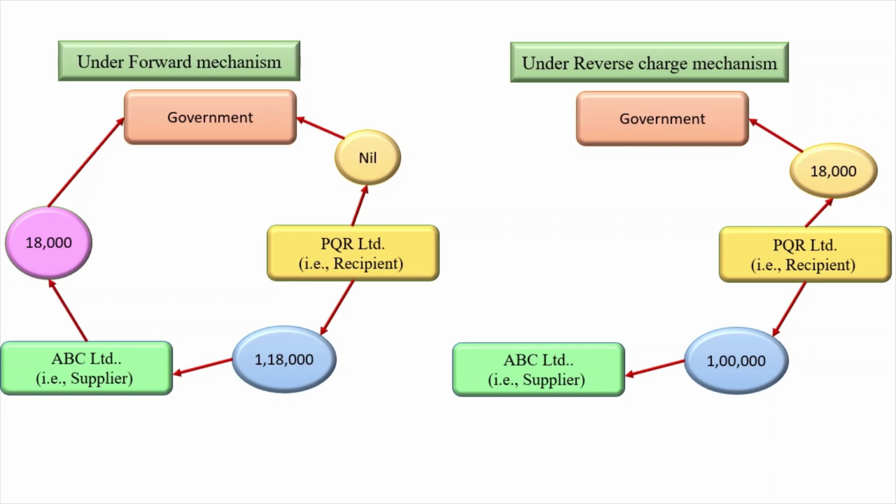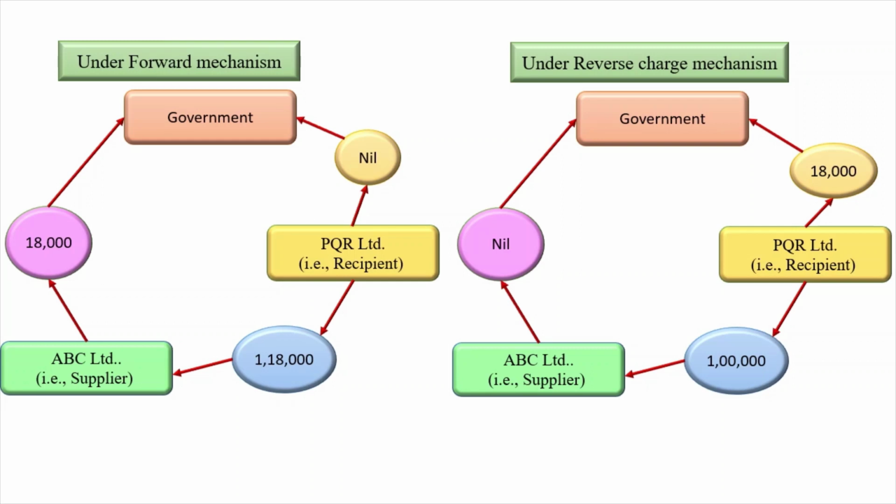Now under reverse charge mechanism, how much ABC Limited will pay to the government? Answer is nil. ABC Limited, that is supplier, will not pay any amount to the government. So ultimately under reverse charge mechanism, government is getting 18,000.